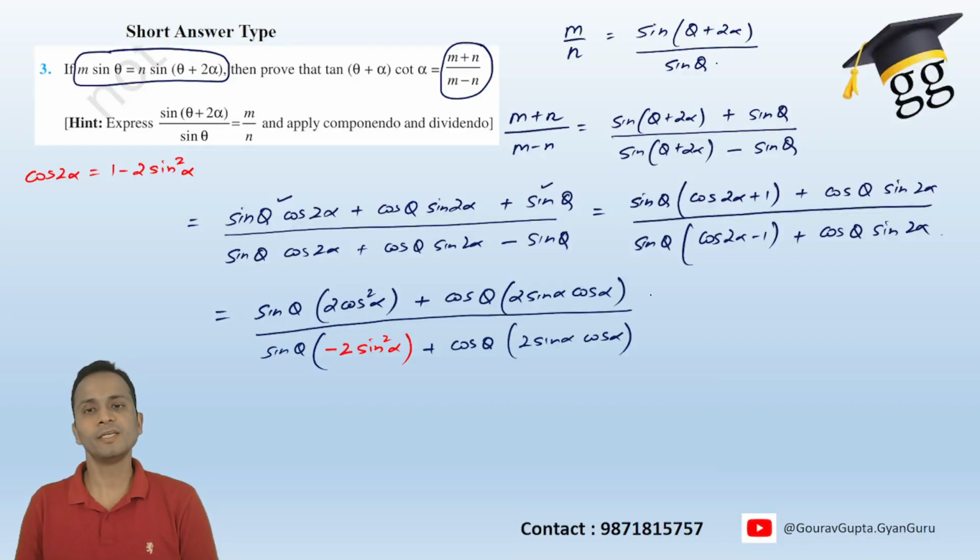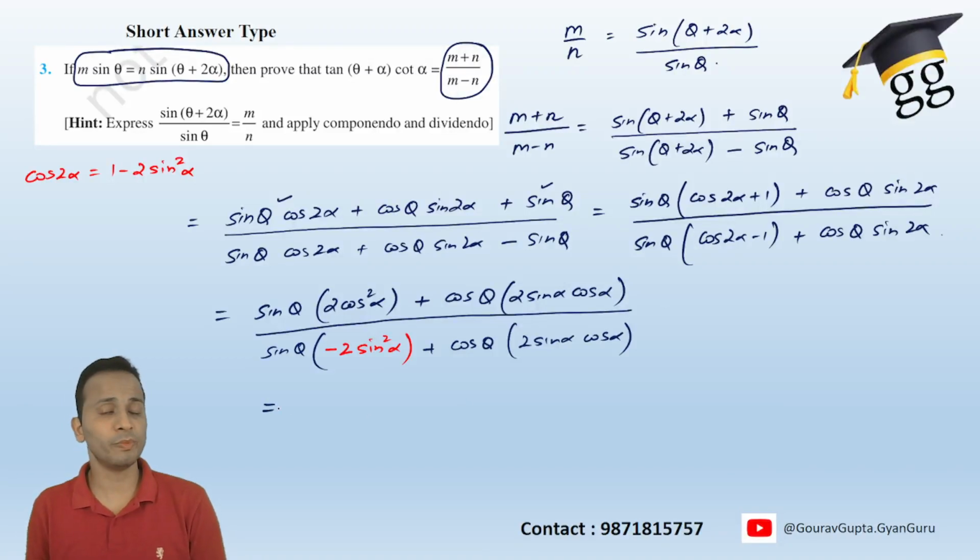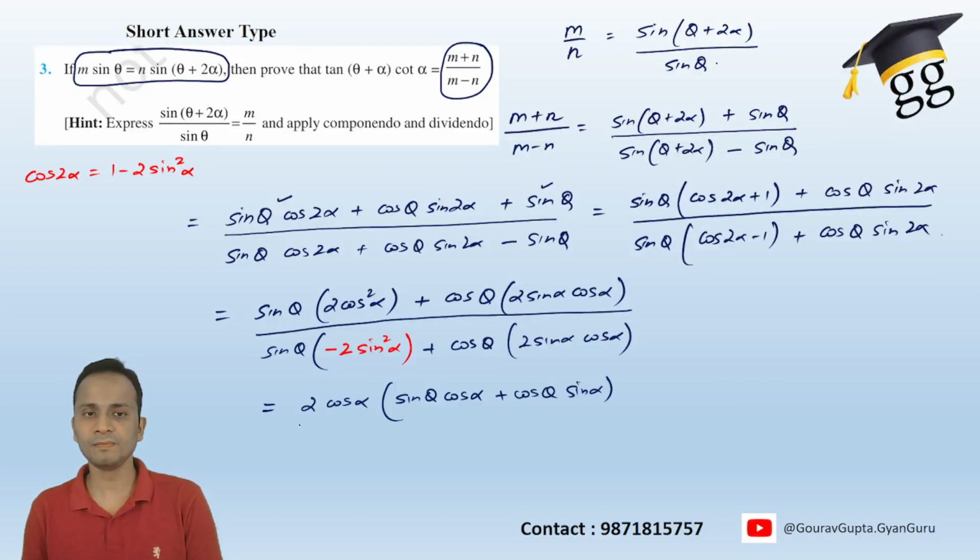Right? Okay. Now let's rearrange the denominator and numerator and simplify. From the numerator I can take 2 cos alpha common. So inside, what will remain? I will have sin theta cos alpha plus cos theta sin alpha.